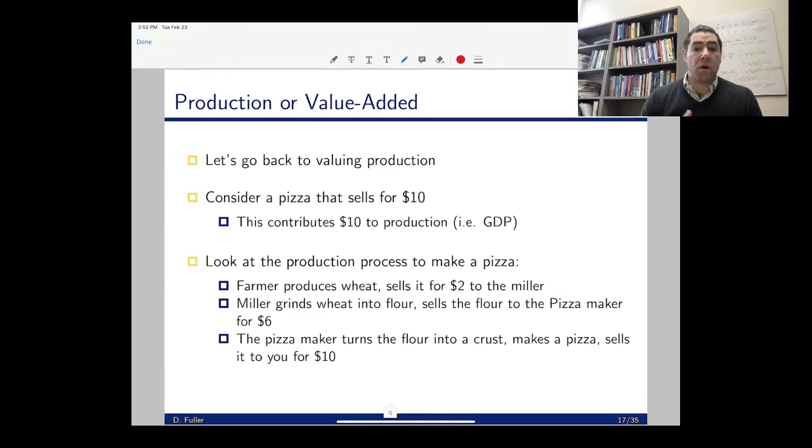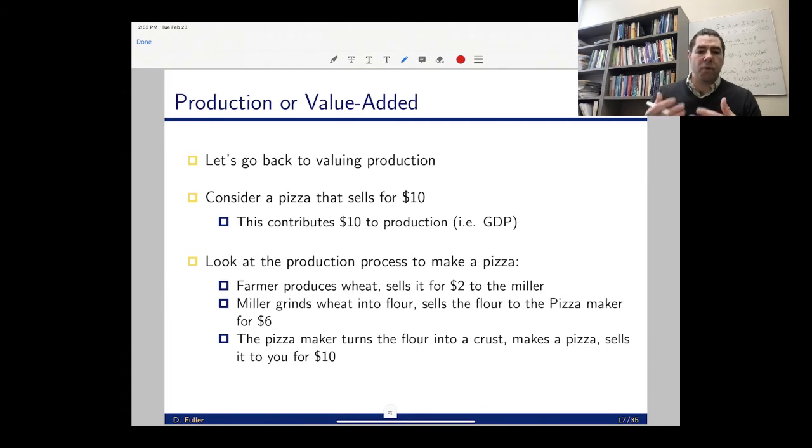Let's look at what goes into making a pizza and how we might account for the value added along the way, right? So what makes up a pizza is, you have to have dough, right? And so where does the dough come from? It comes from flour. Flour comes from wheat, right?